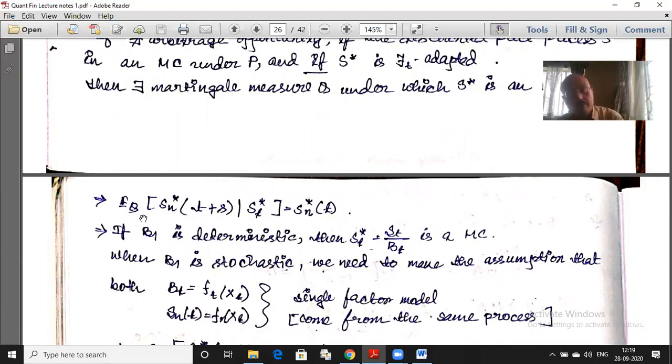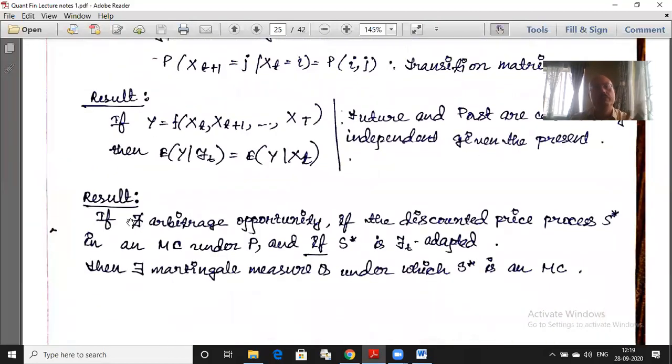And this has very strong implications in the sense that when I start out my discussion of the financial market, I may not already have computed a risk neutral measure. I will be in the process of computing the risk neutral measure. But if in the process of computing the risk neutral measure, I lose the Markov property, then all my calculations will become very, very complicated. You see, I started out with the binomial model.